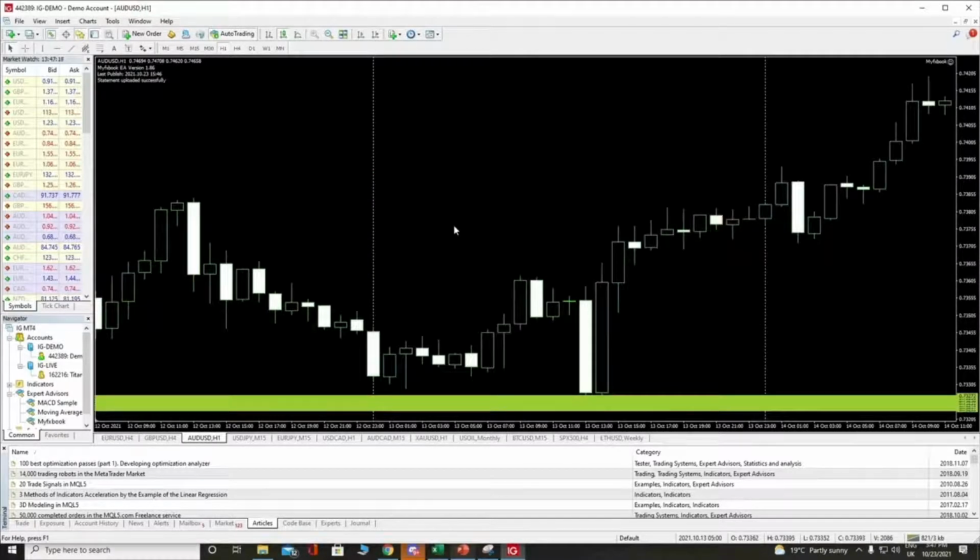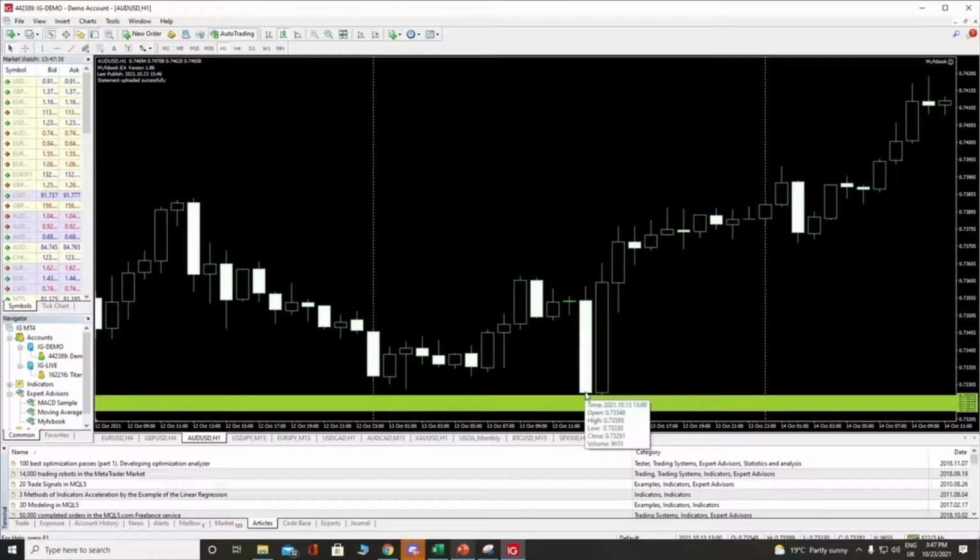Next in our list, three outside up. This is another candlestick pattern, consisting of 3 candlesticks. What is the idea behind it? We have an engulfing candlestick with a big body coming from a downtrend. The prices keep going down, and at this point the prices shoot up.